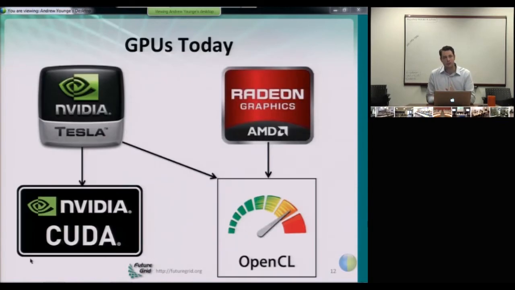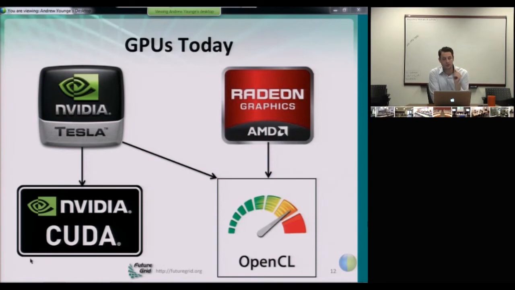But today there's at least a couple of different possibilities in terms of GPUs and GPGPUs, general purpose GPUs. NVIDIA Teslas, or NVIDIAs in general, are the most common. There's also the AMD, what used to be ATI Radeon cards.